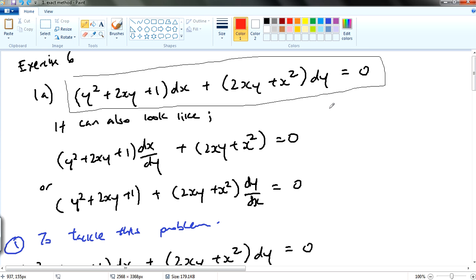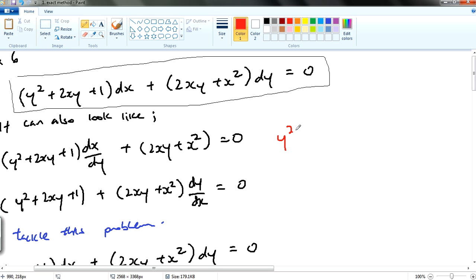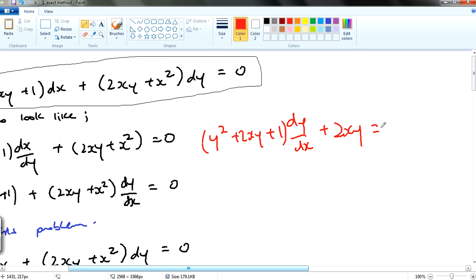Let's say we have another example: y squared plus 2xy plus 1, dy dx, and then plus 2xy is equal to minus x squared. So this is your result.